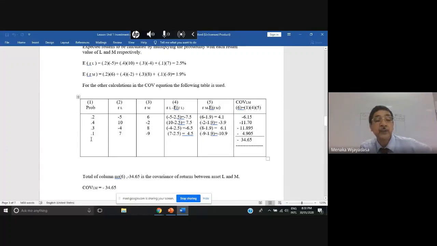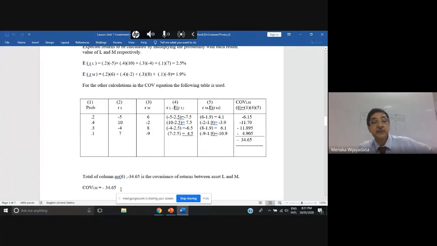The last one, that is 0.1 into 4.5 into minus 10.9, that is minus 4.905. When you get the total of this, that will come to minus 34.65. So this is the covariance of returns between L and M, that is minus 34.65.